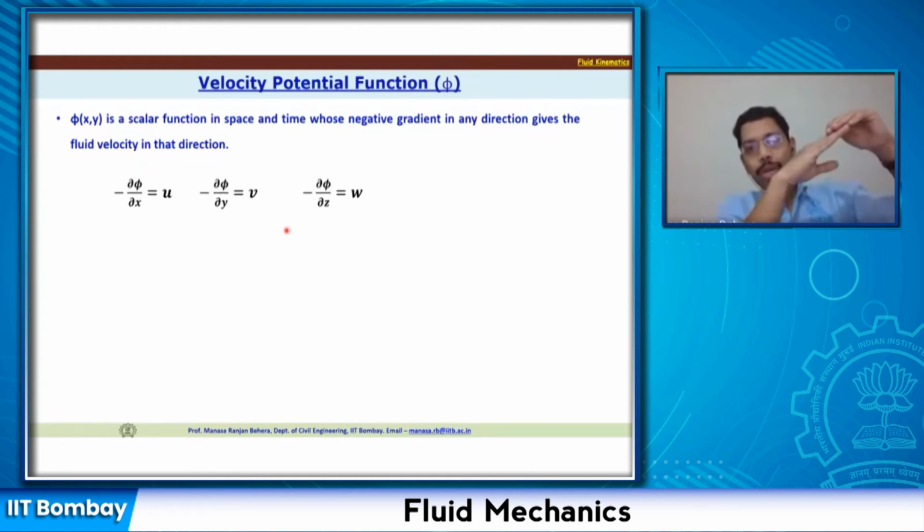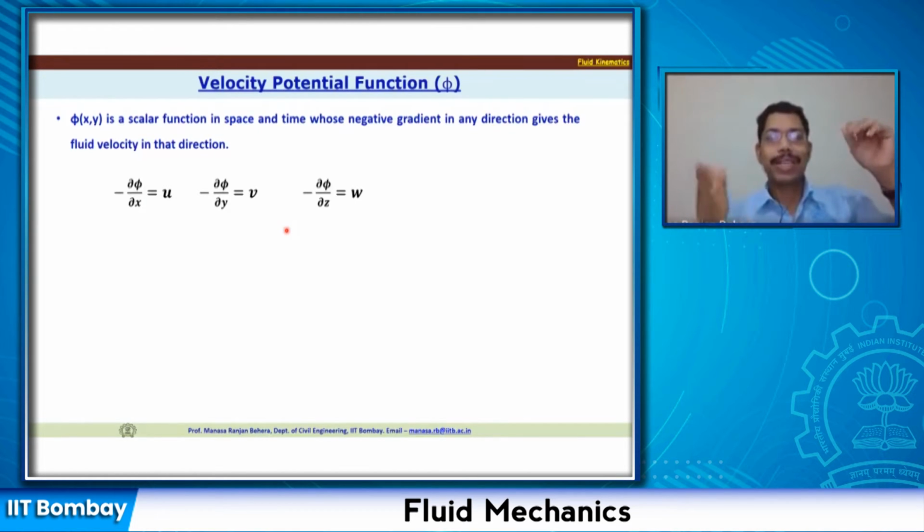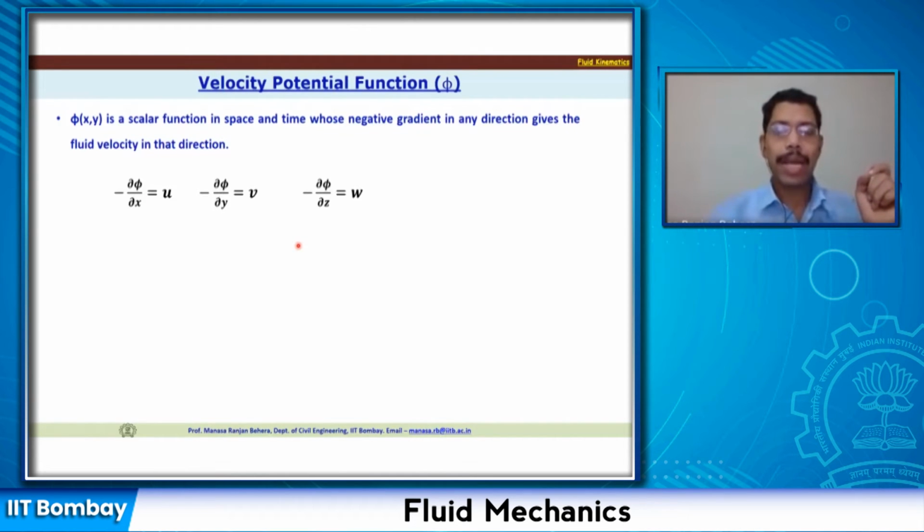So the flow is going to take place from higher potential to lower potential. Now if I take the gradient, the gradient is my phi 2 minus phi 1. Phi 2 is smaller and phi 1 is larger, so I'll get a negative value. When I derive the velocity, I'll get a negative value if I have not considered that.